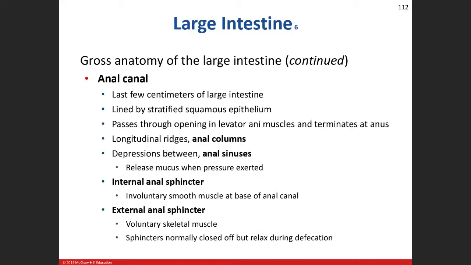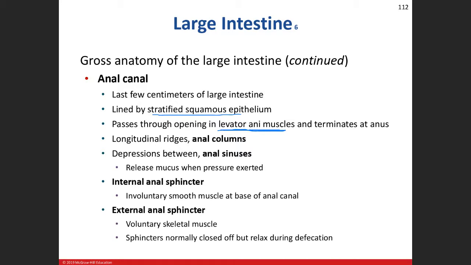Speaking of the anal canal, it is lined, and it's important that you know this, by stratified squamous epithelium for mechanical stress, for the actual elimination process of the feces. The anal canal will literally travel through the levator ani muscles. If you're not familiar with what those muscles are, those are the muscles that make up your pelvic floor.